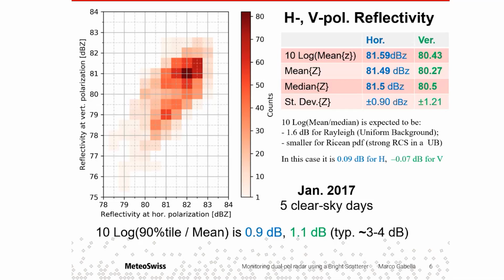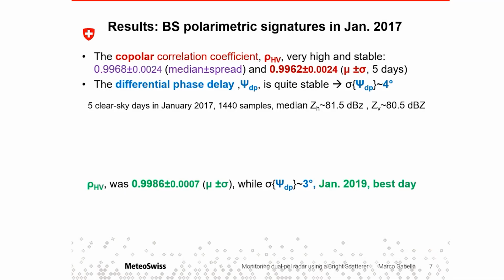And even more interesting than reflectivities is the standard deviation of other polarimetric signatures, such as the differential phase delay, with a standard deviation of 4 degrees in this case, and the standard deviation of rho HV. The average rho HV value was relatively large, and the standard deviation, as you can read there, 2.4 milliunits.